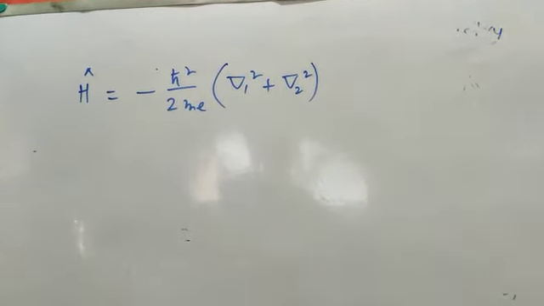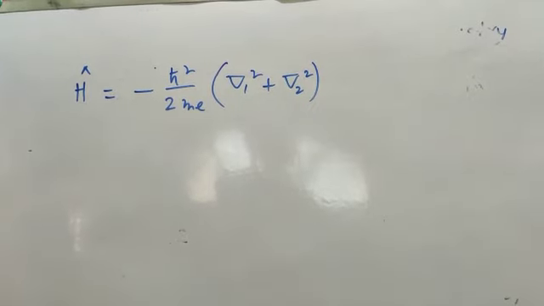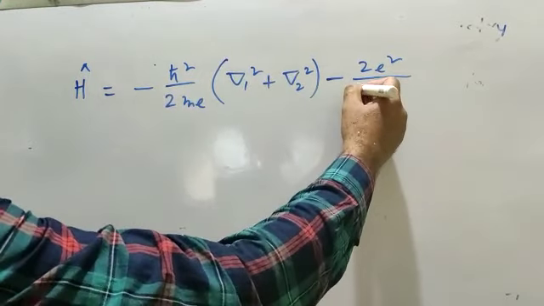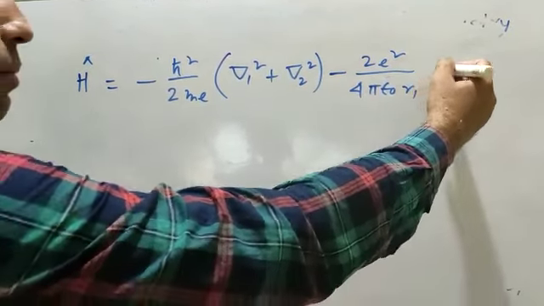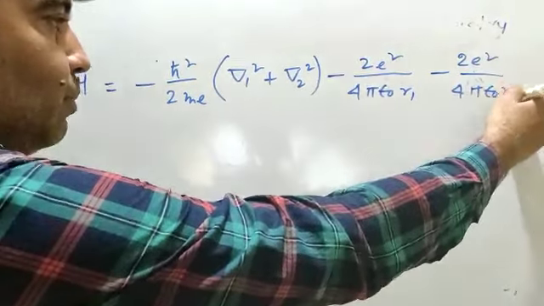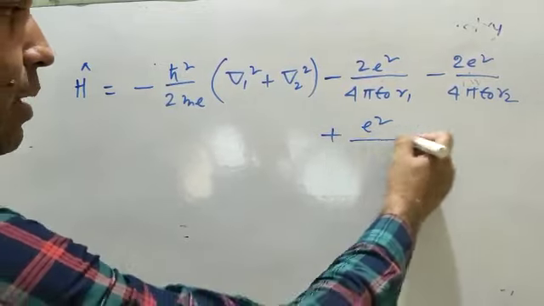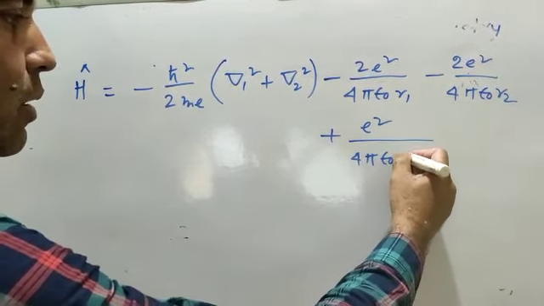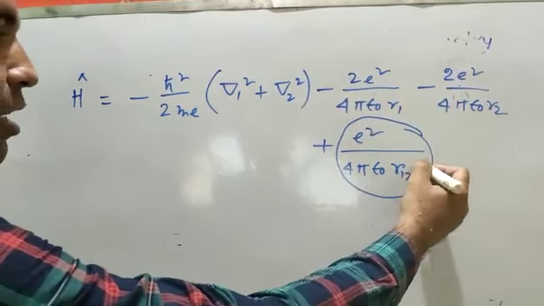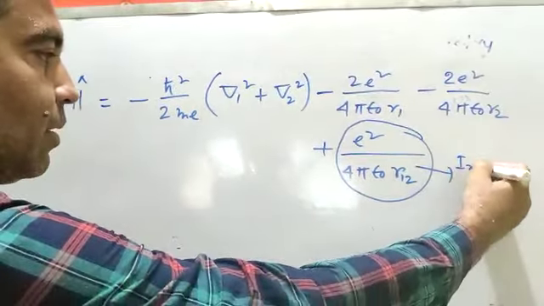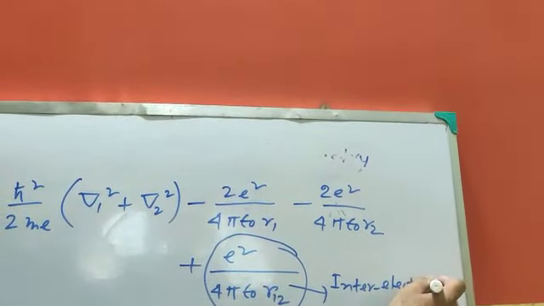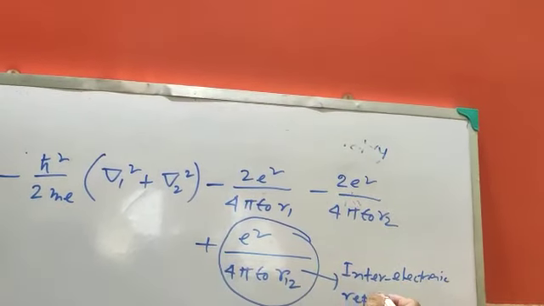And this potential energy part, we have already written, that is minus 2e² by 4πε₀r₁ minus 2e² by 4πε₀r₂ plus e² by 4πε₀r₁₂. This term is the interelectronic repulsion term.